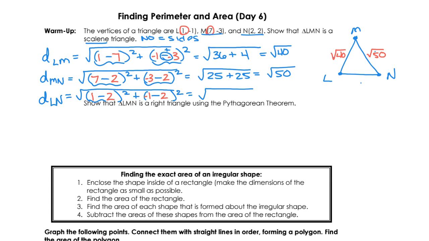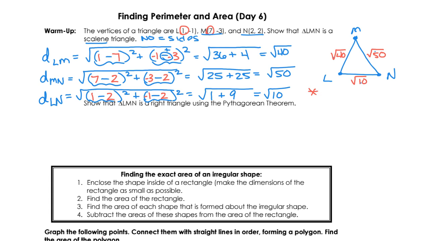All right, 1 minus 2 is -1, and -1 squared is 1. And here we have -1 minus 2, which is -3, and -3 squared is 9. And if we add them together, we get the square root of 10. And now we saw that none of our sides are equal, and so we can call this triangle scalene.